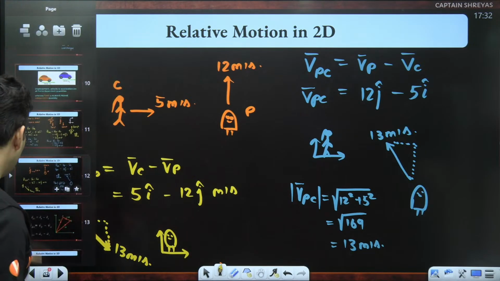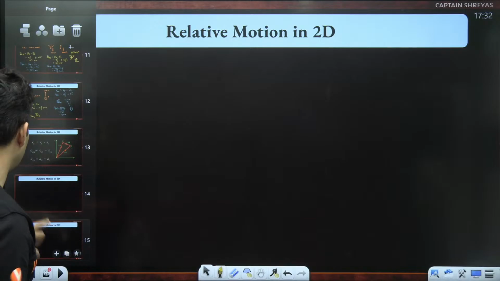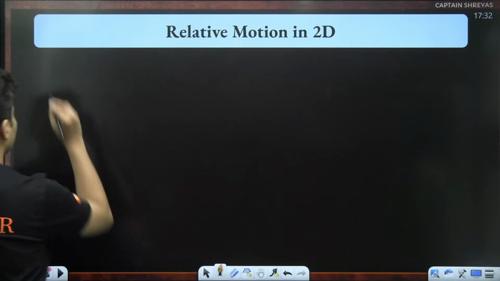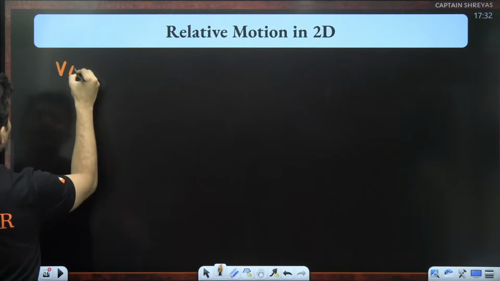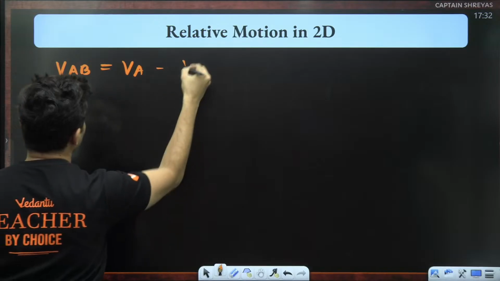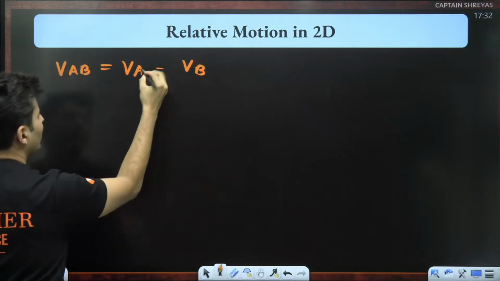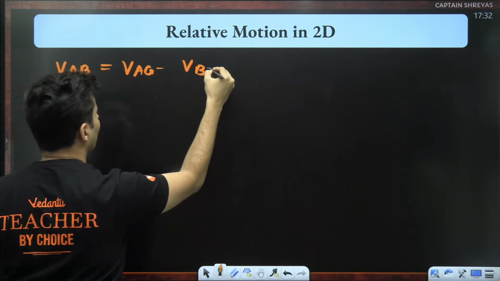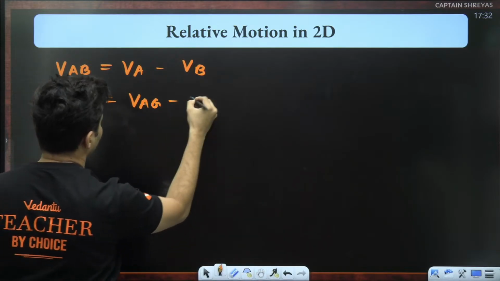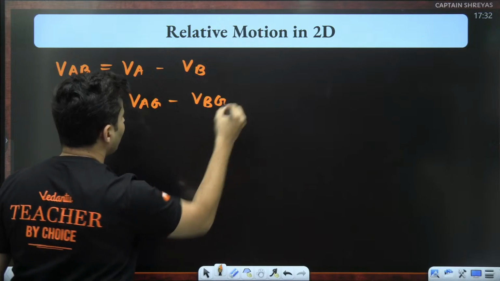Now you can have some more complex questions, something like this. Say, for example, I tell you VAB is equal to VA minus VB. It was understood that our frame of reference was ground.